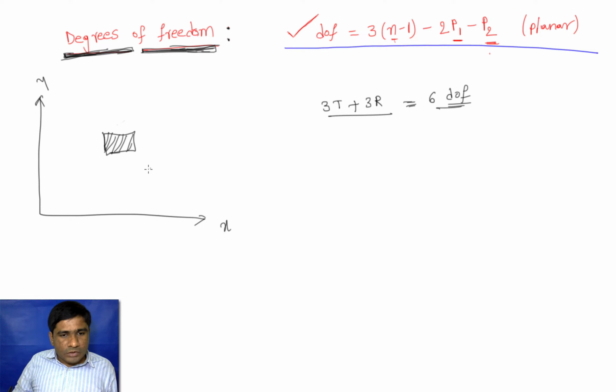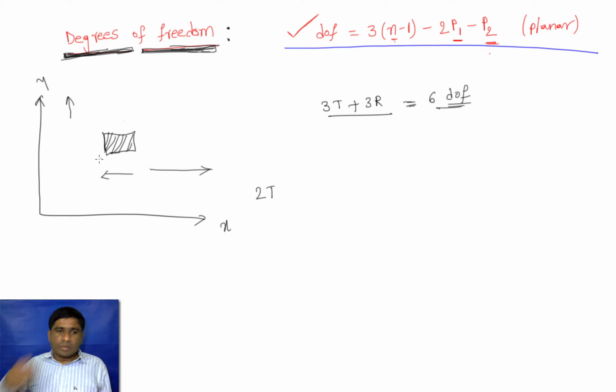It can translate along the x axis, in this direction or in this direction, without any constraint, and it can translate along the y axis. So it has two translational motions, because the z axis is missing, so it cannot translate or go out of the plane.